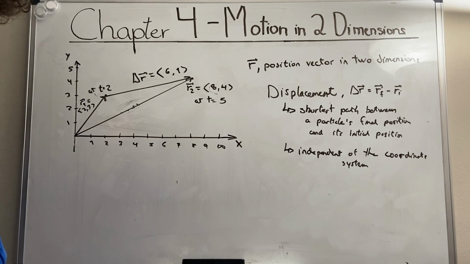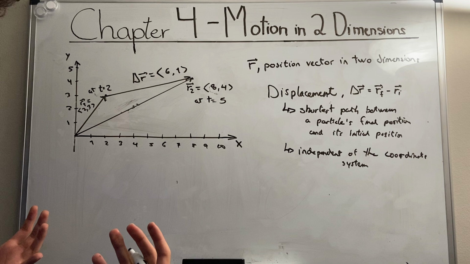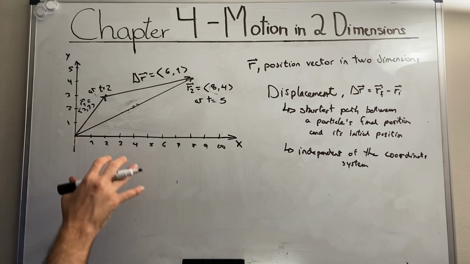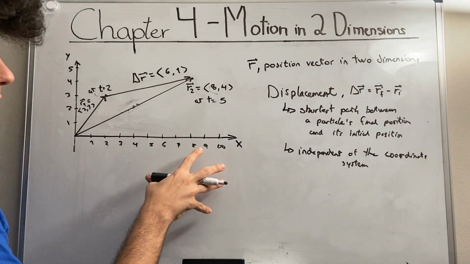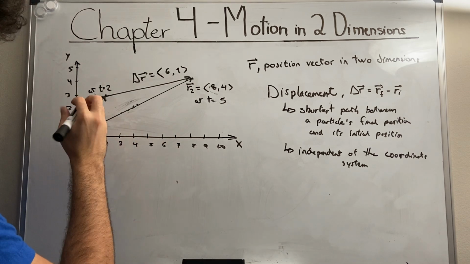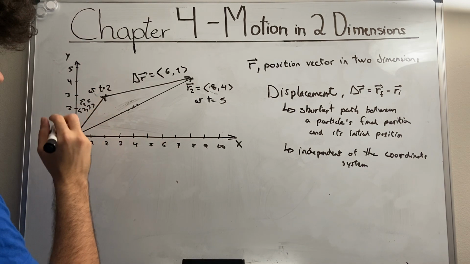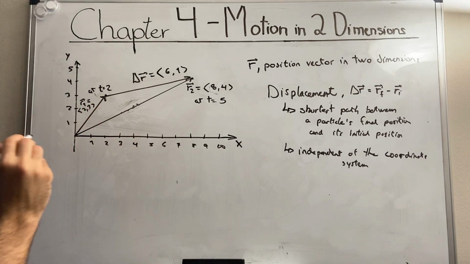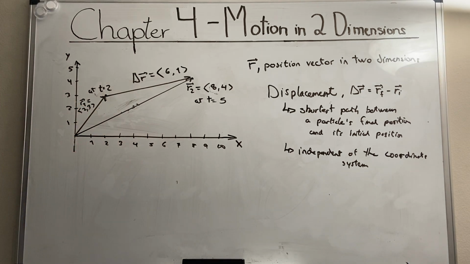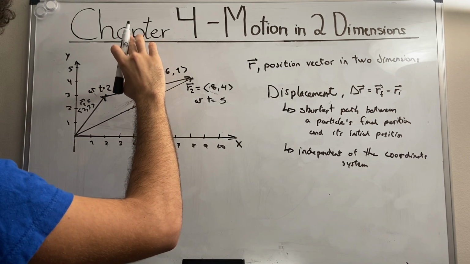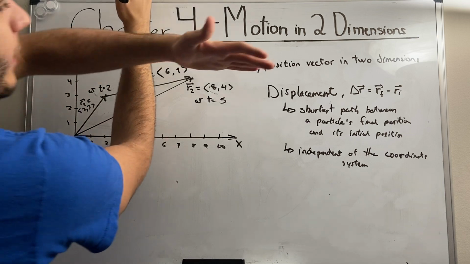A vector is basically self-defining, right? It does not require a coordinate system to be defined. So this vector R1 has 2 as an x component and 3 as a y component, and that would be the case even if the coordinate system was like over here.